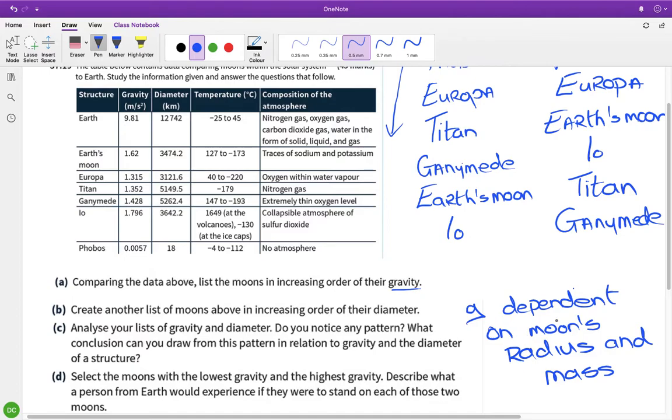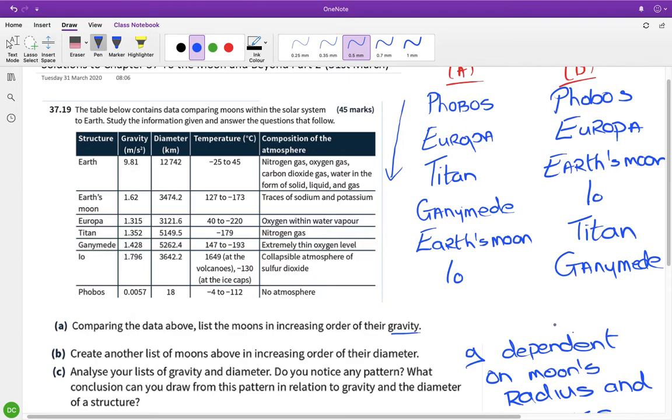So gravity is dependent on the moon's radius and mass. What we have here is sort of half a story. You wouldn't really be able to pick out any kind of pattern unless you had the mass as well, which we don't have. So we can't really draw a pattern in relation to the gravity and the diameter.